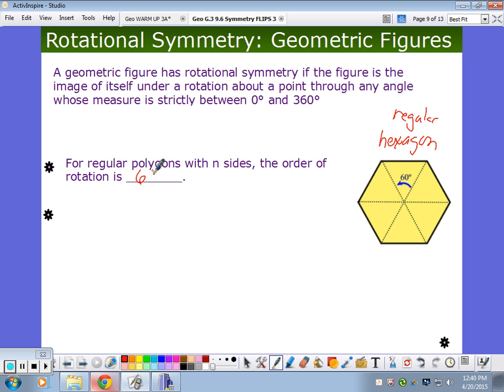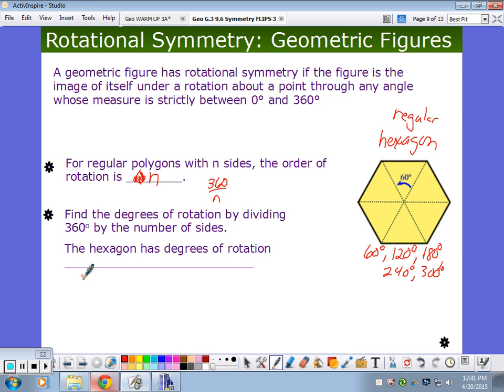And what about the angles? Oh, forgot that. You're right. So how do I find the angles here? Like this one would be what? 60, 120, 180, right? We can just keep adding the 60. If it's an n-gon, you're basically going to do 360 over n, and that's what you keep adding.